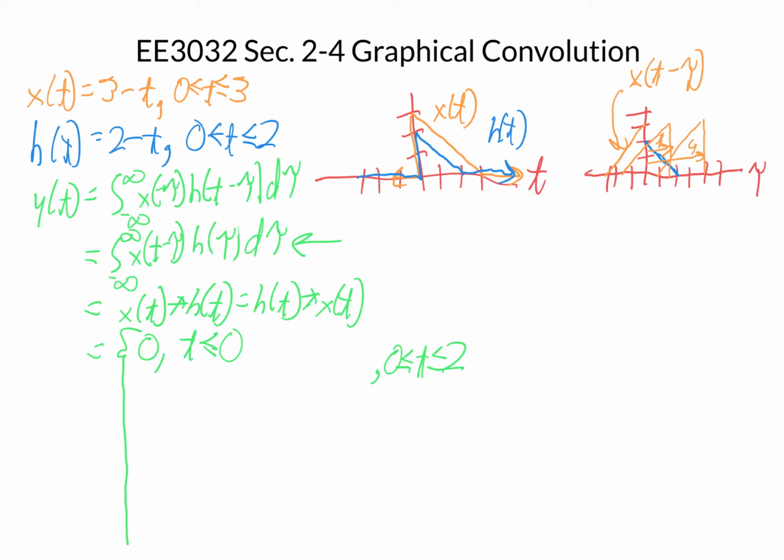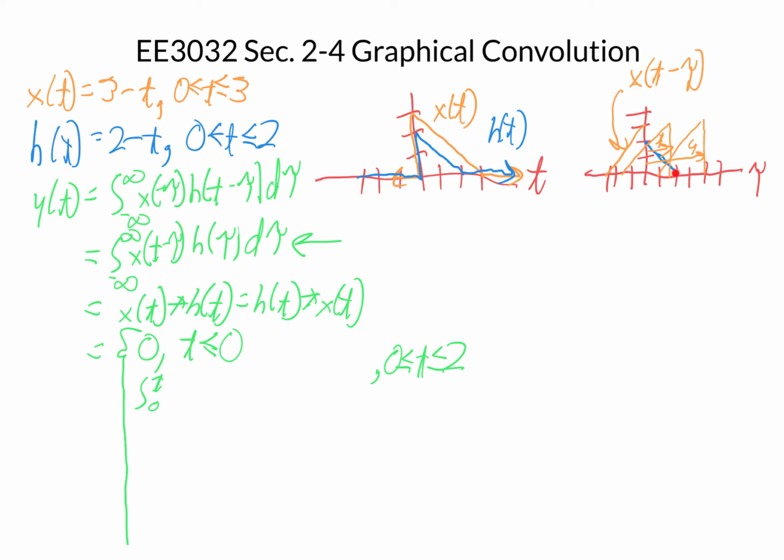So this integral in this range will always go from 0 to t, because the blue function starts at 0. The orange function is starting before 0, but there's no overlap until the blue function is on.